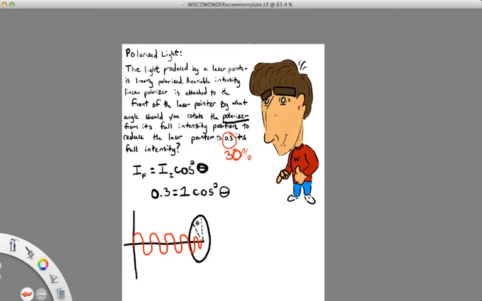So, if we just divide 0.3 by 1, we know that's going to be 0.3, and we have cosine squared theta. So we get this, and actually I'm even going to skip a step.